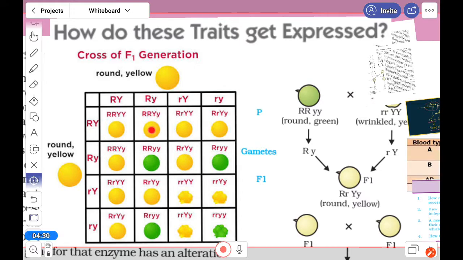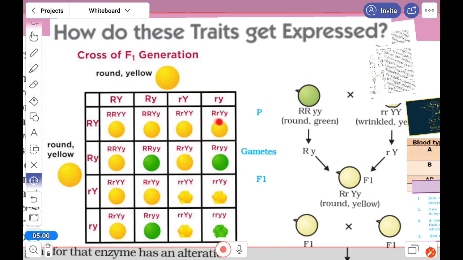If it is there, then it will be dominant. So if capital R and capital Y are present, then it will be yellow and round. You just see that these are yellow and round, and the number is 1 2 3 4 5 6 7 8 9. So in every case, at least one capital R and capital Y is there.